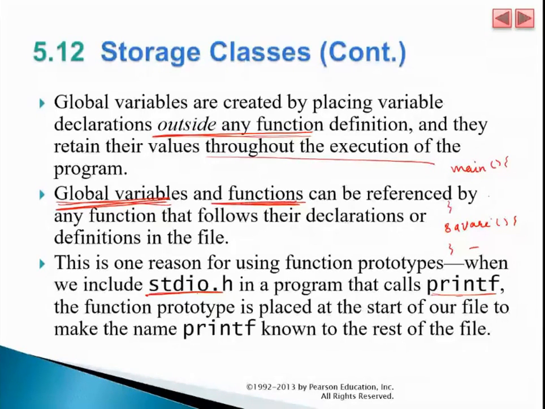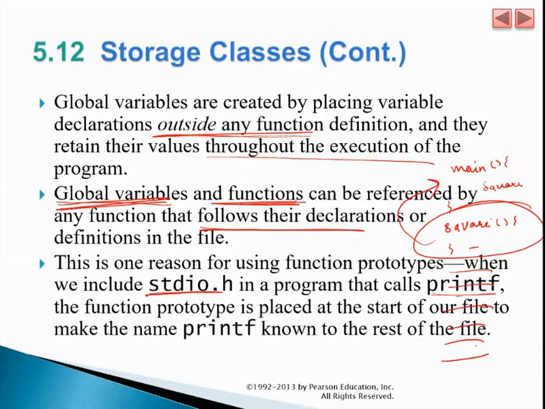I cannot access this square function inside the main function. Why? Because global variables and functions can be referenced only by the functions that follow their declaration. Anything written after the declaration, we can use it there, but we cannot use it before. Are you following me?